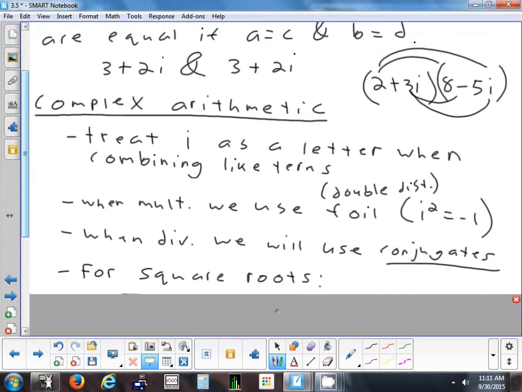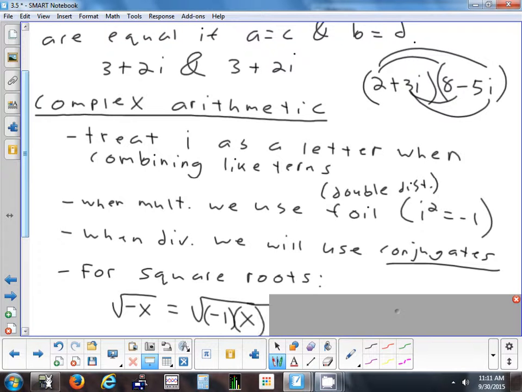And last thing we got to make sure we know about is square roots. When you take the square root of a negative, this is the most common place you see i come up. So the idea is when you have a negative, one way to think about it is like this. Write it as the square root of -1 times x. That's the same thing as -x.